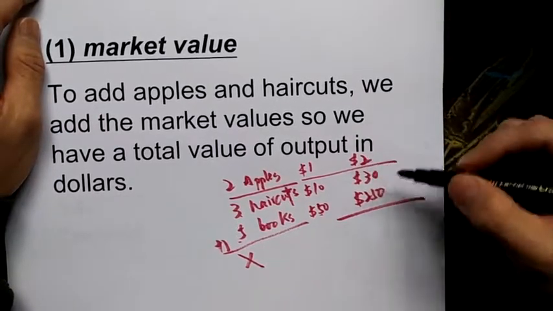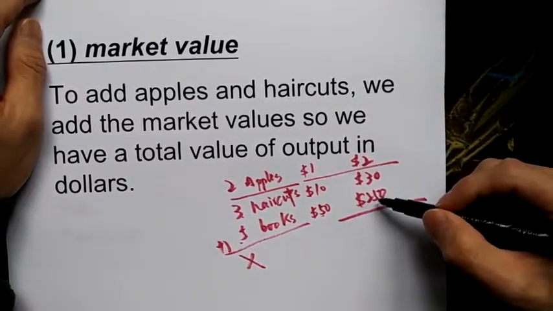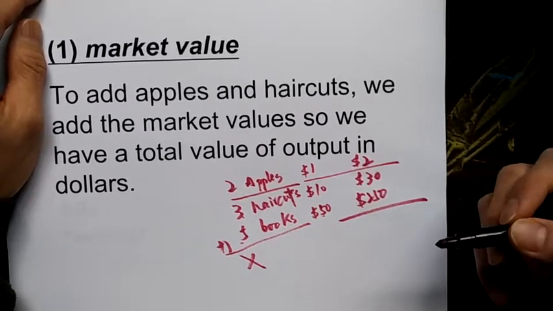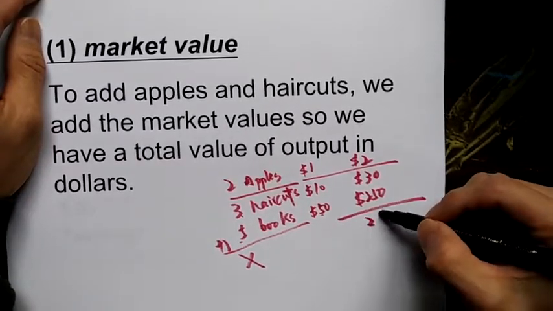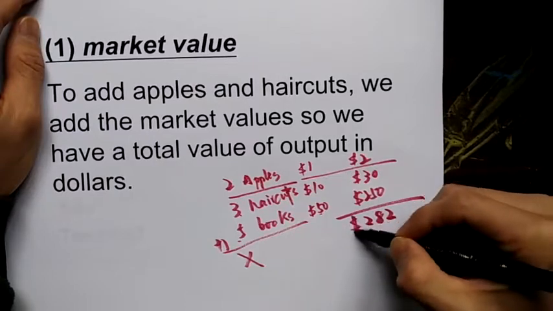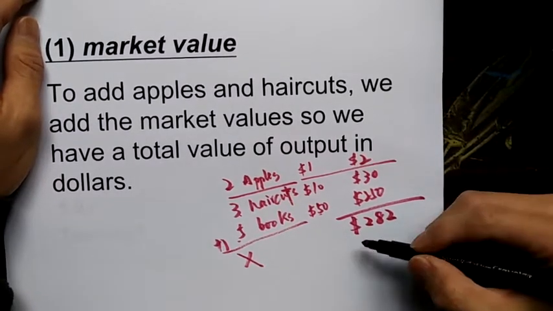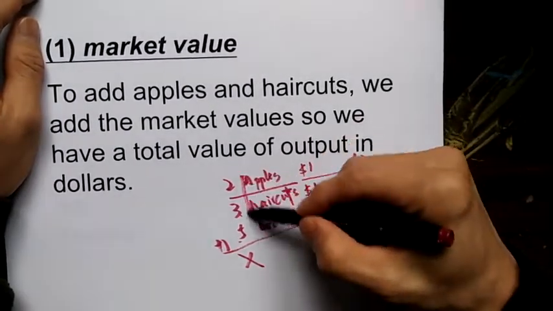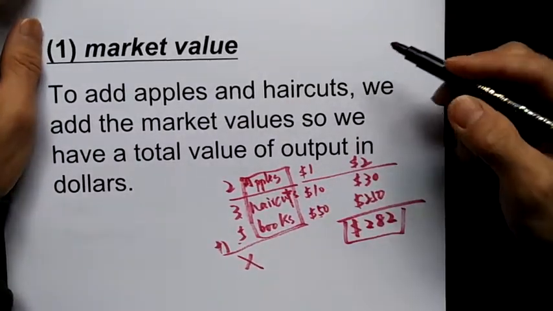Can you add up $2, $30, and $250? The answer is yes. It's $282. That's how we add up apples, haircuts, and books.